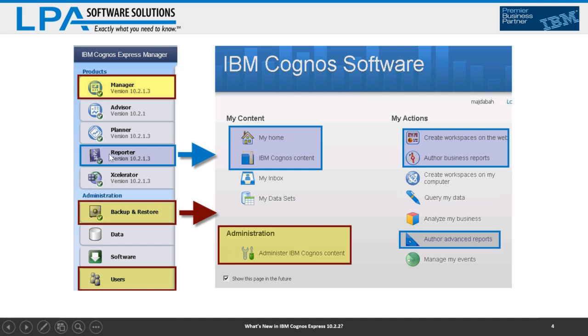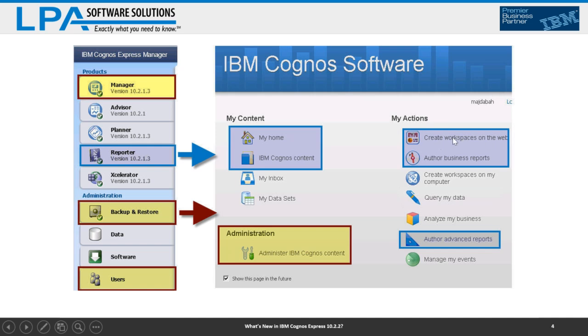Now, the Reporter functionality, the ability to create reports, create workspaces, to do ad hoc reporting, those functions that you got through Reporter by going into the web-based tool and launching Report Studio and launching Cognos Workspace Advanced and so on, well, those are all replaced by the enterprise versions of those tools. Report Studio, Workspace Advanced, and so on are all part of the enterprise tools.